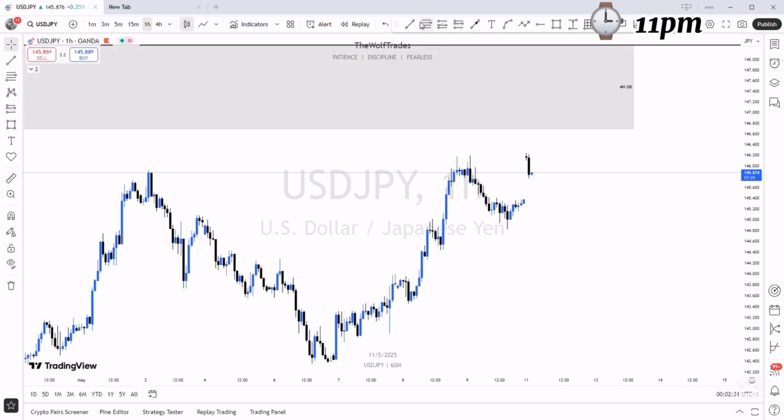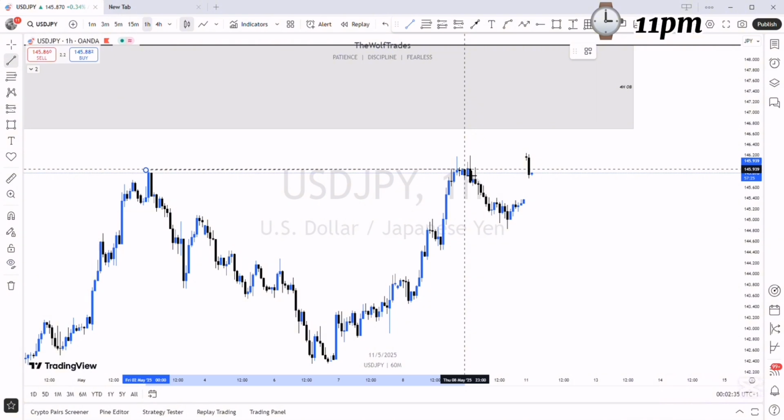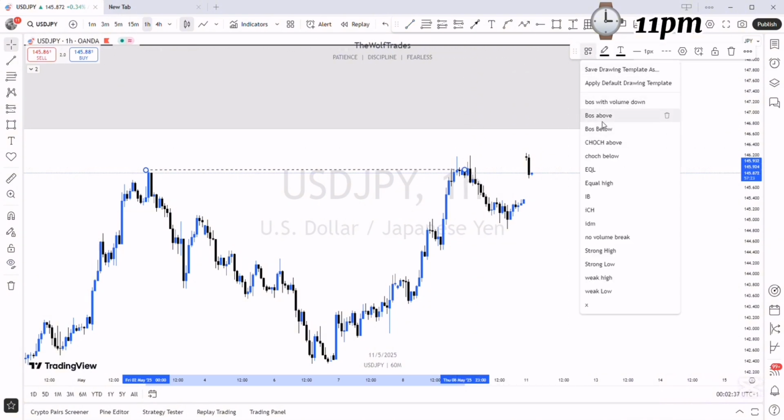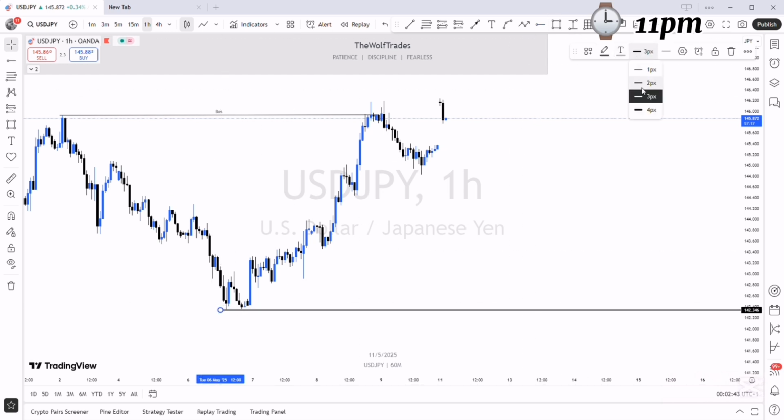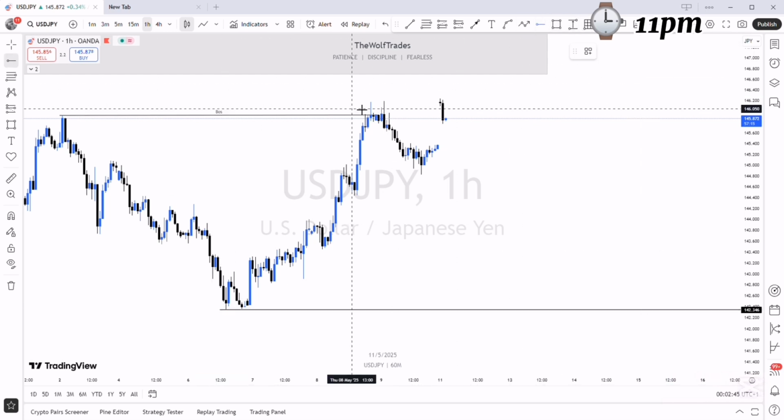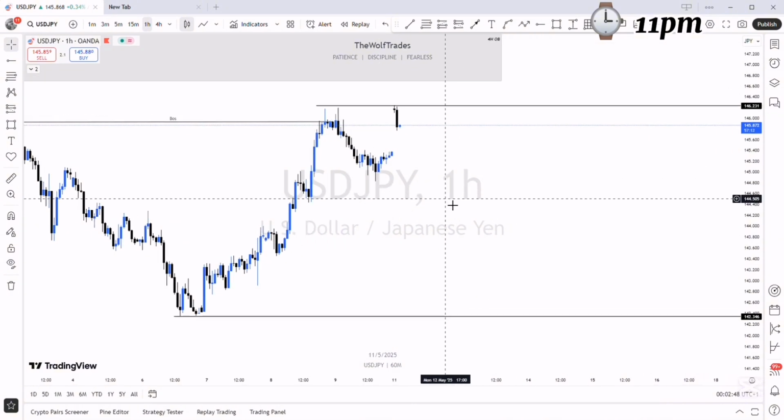On the 1 hour time frame, price has given a break of structure. So I mark my internal low, or let me say my daily low, swing low and swing high.